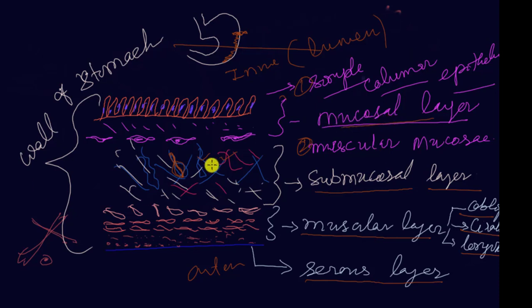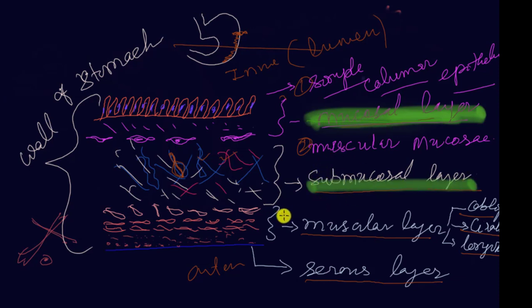So if you take every section of the GIT, what will you find? The most inner part you will find is the mucosal layer. Then you will find the submucosal layer. Then you will find the muscular layer.